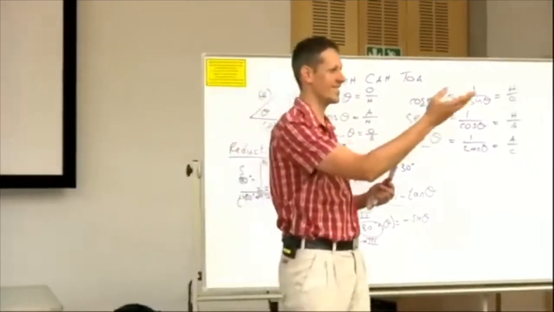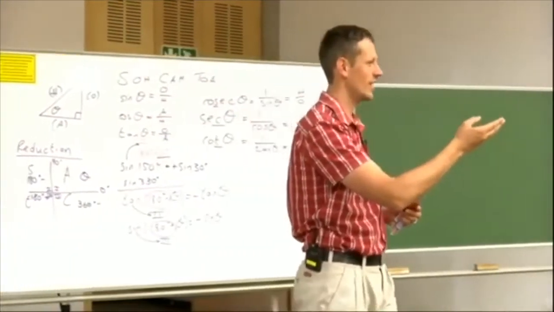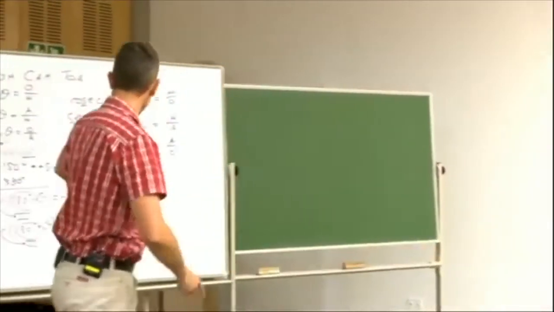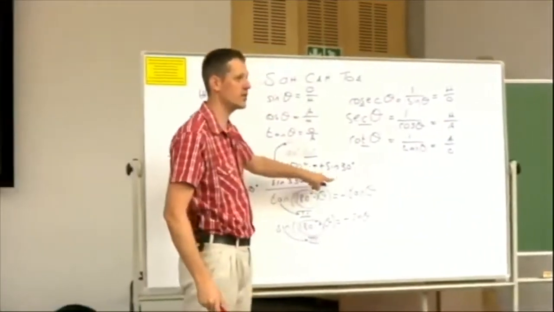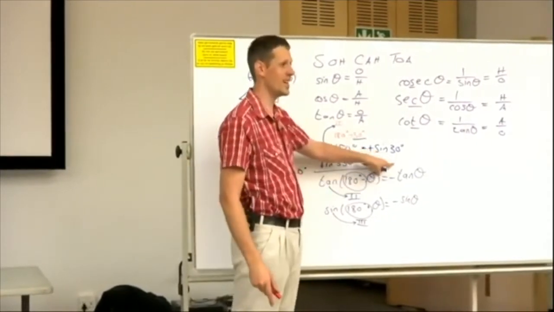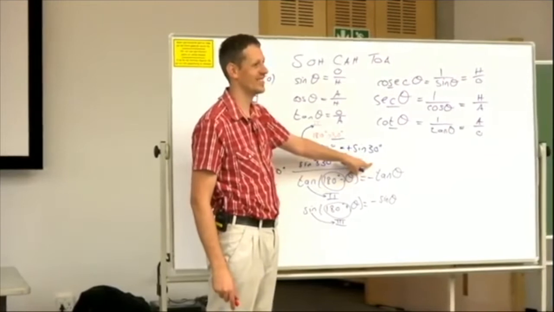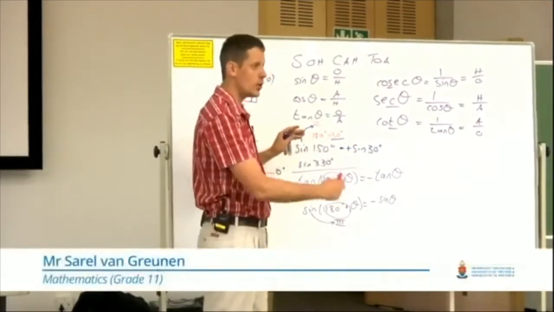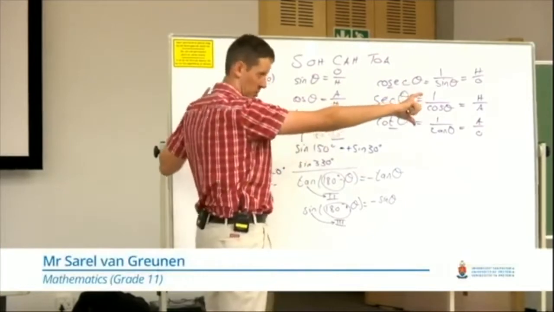Why do I do this? Can I tell you why? Because that's where we give marks. I don't give you marks for rewriting sine 180 minus 30. I only give you a mark for telling me it's positive sine 30. The problem is, you guys know those long sums.